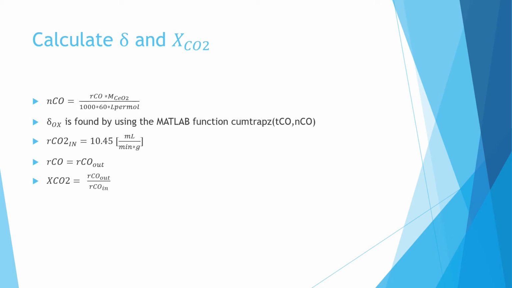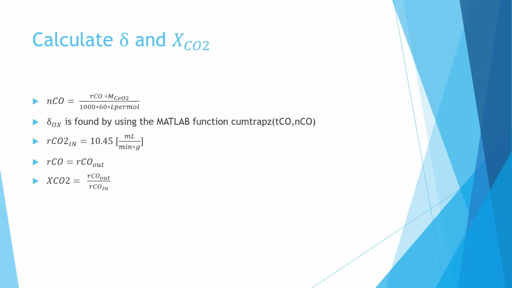Delta for the oxidation step is found using MATLAB, which uses the cumtrapz function, which is cumulative trapezoidal integration. And we know TCO and NCO, and that is how we find delta of the oxidation.